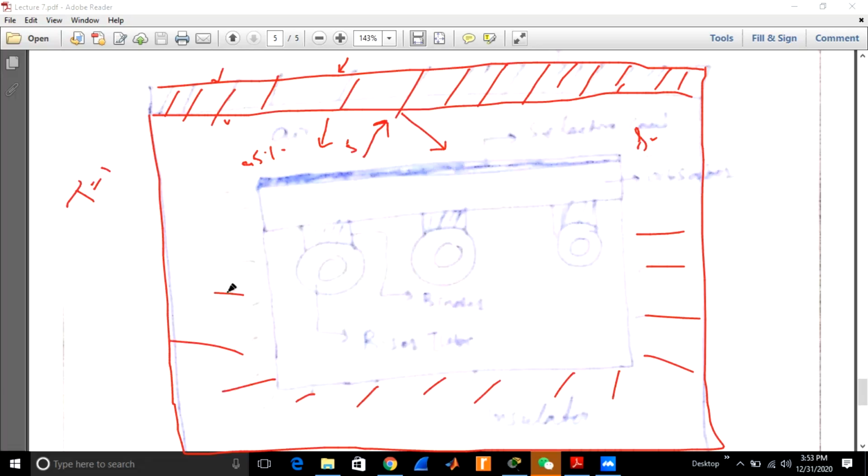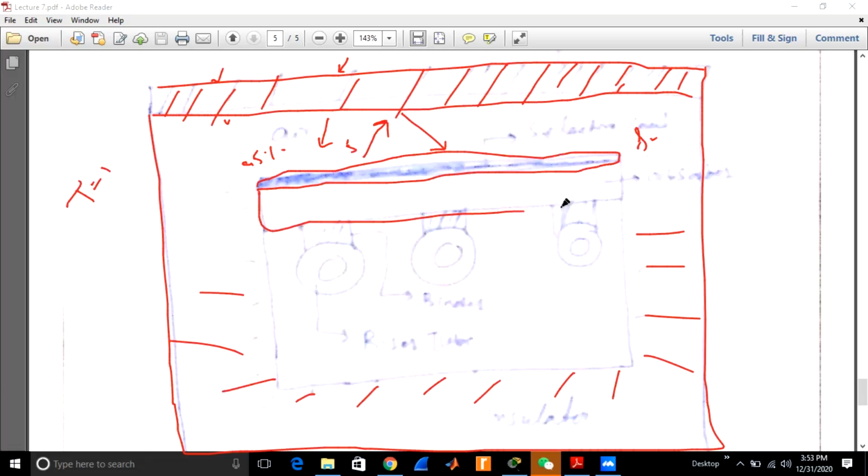And this is the selective coating. This portion is the selective coating, and this is the absorber plate whose thickness is T. And these are the binders. What is the objective of the binder?